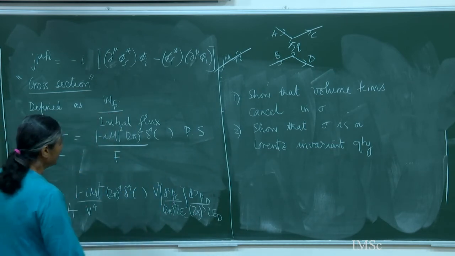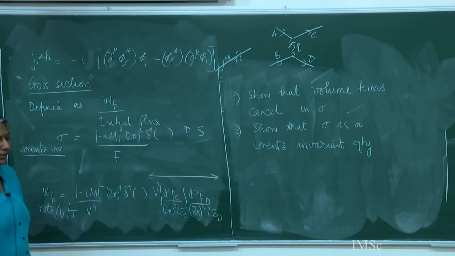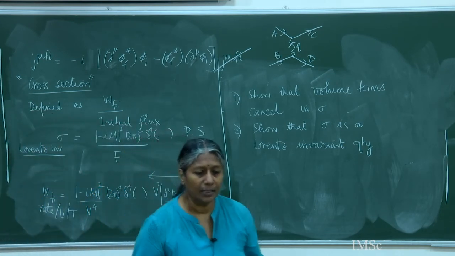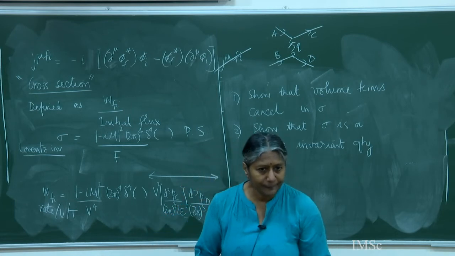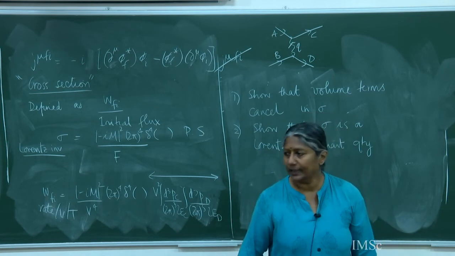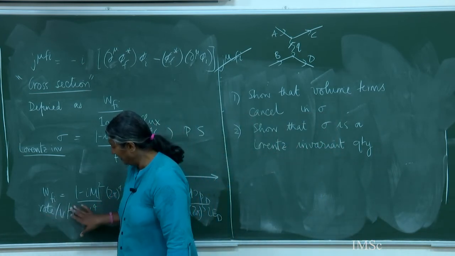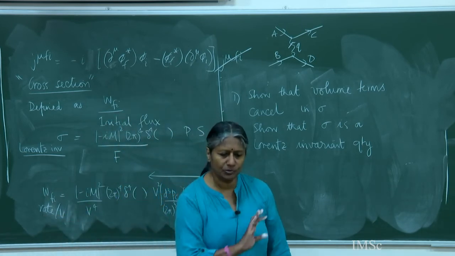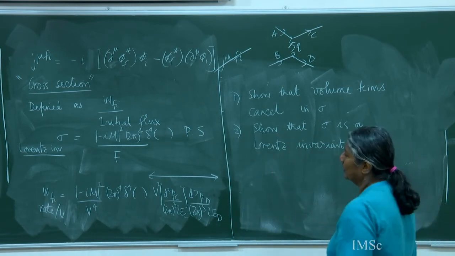So first you can show that this quantity, so the volume elements will cancel. So by the way, now we have said that WFI was the transition rate per unit time in some arbitrary volume V. Now you can see that since it is independent of the volume, we can always say that WFI is the transition rate, meaning already time is taken care of, transition rate per unit volume, because the volume does not occur at all, which is very good because I do not know how to define the volume, right.